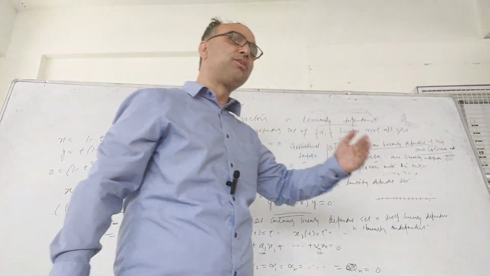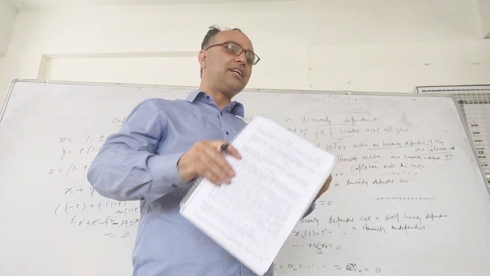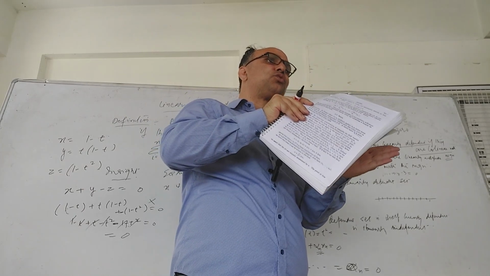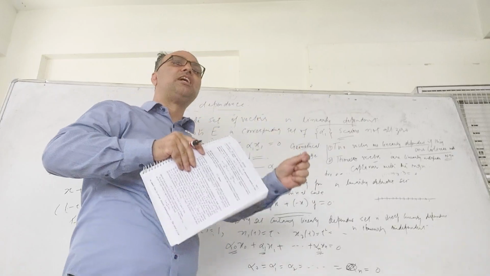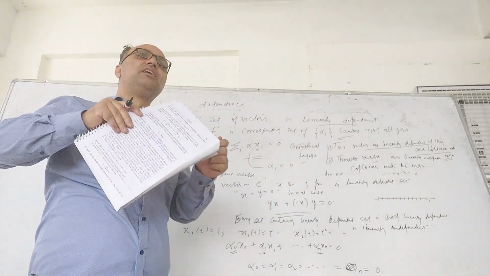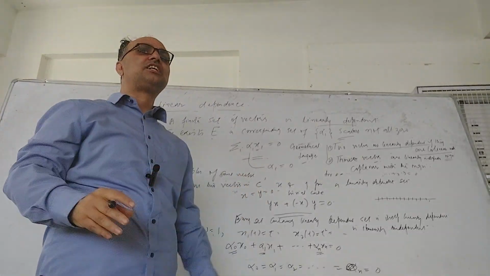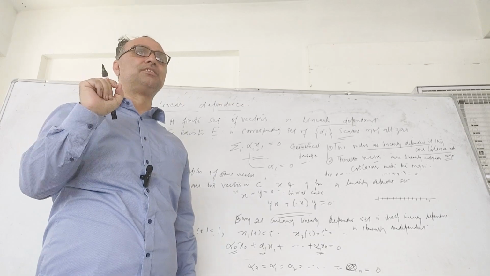You can have 3 plus 1 dimension, 4 plus 1, 5 plus 1. So any higher dimensional space will have an embedded space. A 2-dimensional space will embed 1-dimensional space, 3-dimensional space will embed 2-dimensional space, and 4-dimensional space will embed 3-dimensional space, and so on. In general, n plus 1-dimensional space will embed n-dimensional space.